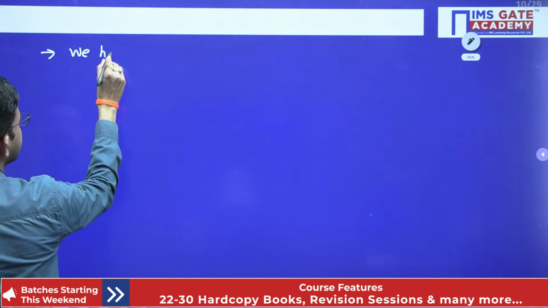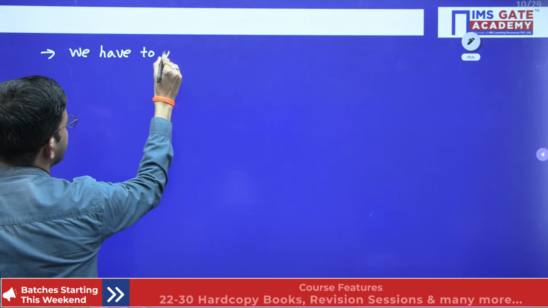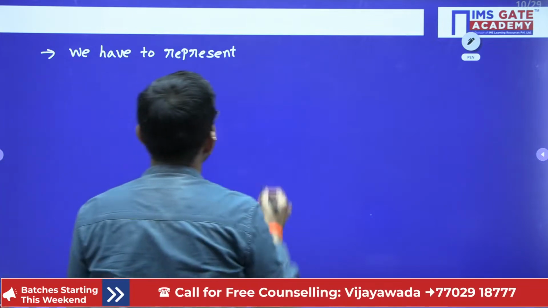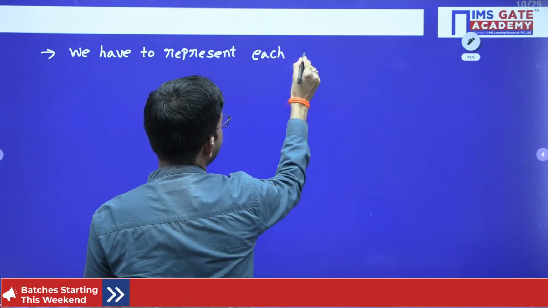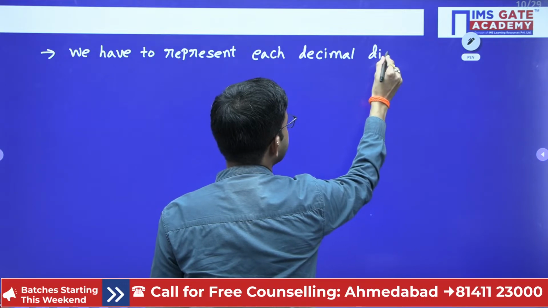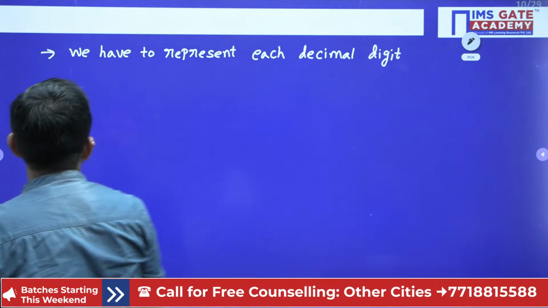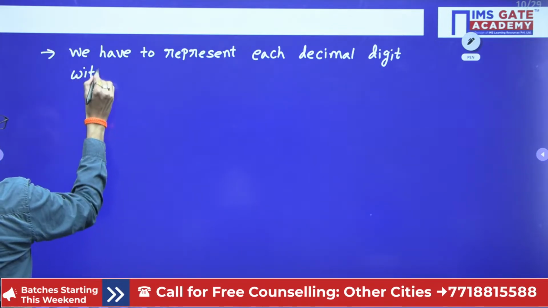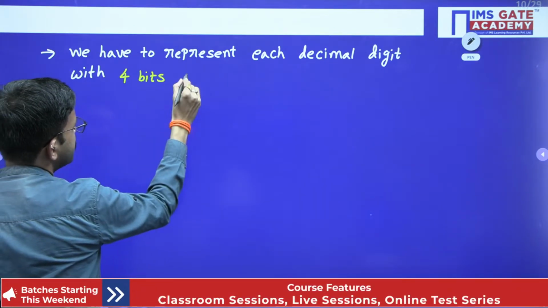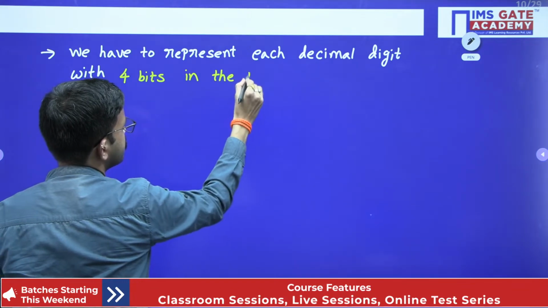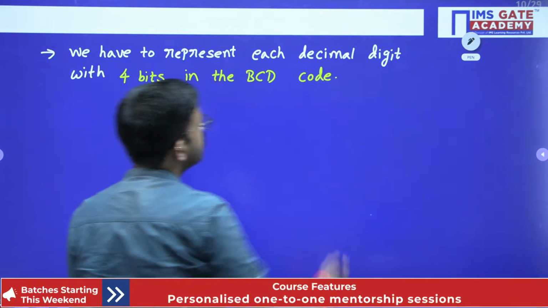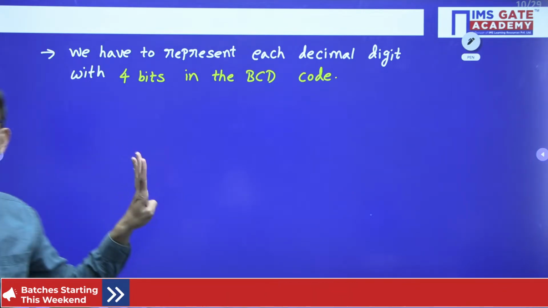We have to represent each decimal digit with 4 bits in the BCD code.